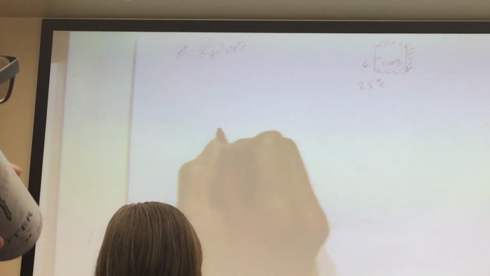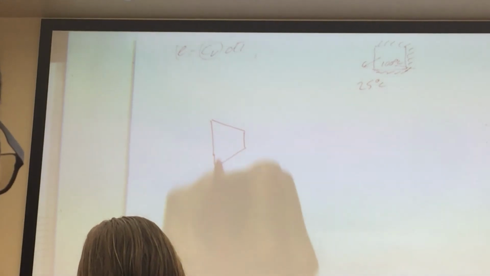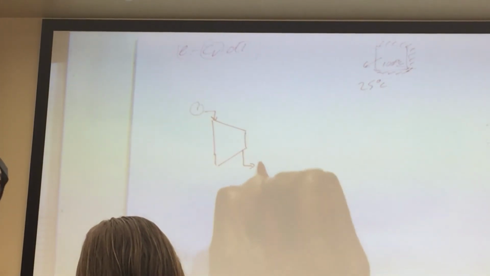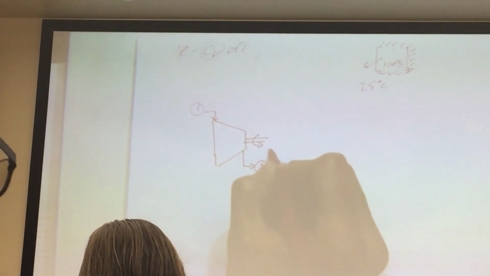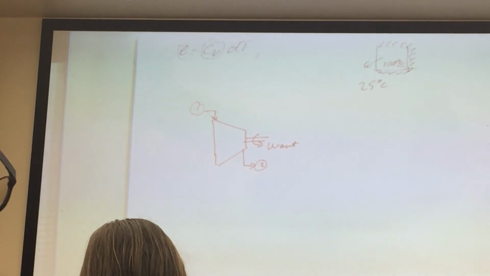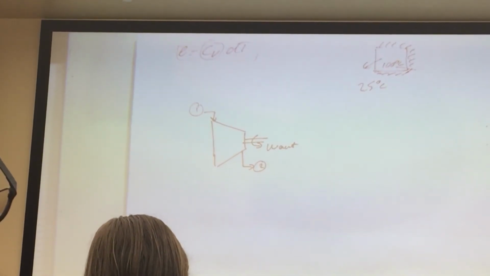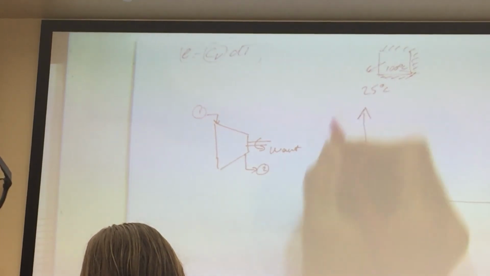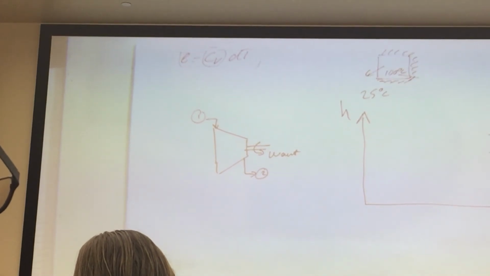Let's do a compressor. I've got some input right here, some output right here, too. And I got some work in. So, in your notes right now, draw the enthalpy and entropy diagram for this.